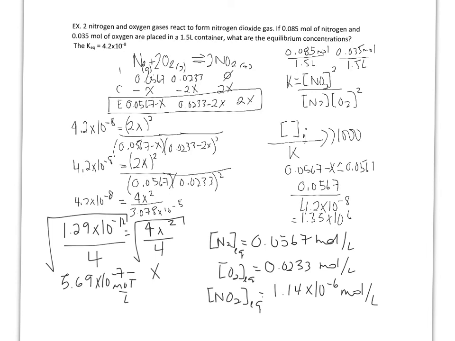So very little nitrogen dioxide is formed, but that's to be expected given that our K is so small. Our K is so small that the equilibrium lies to the left with the reactants. So very little products form.